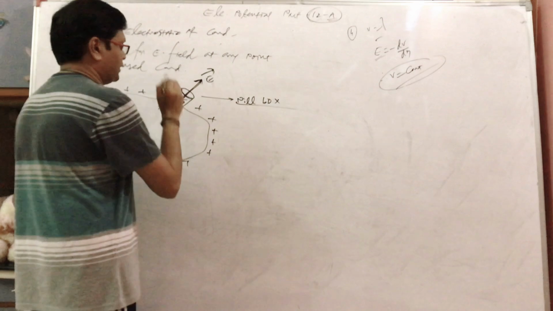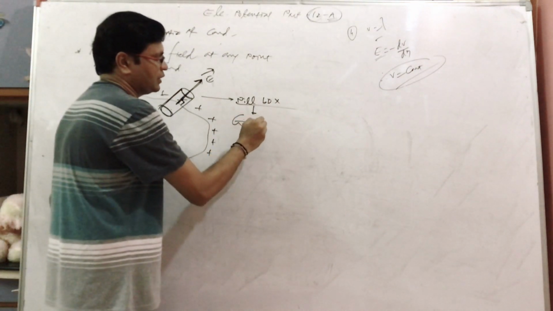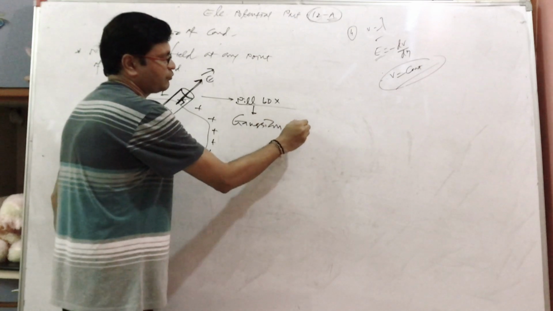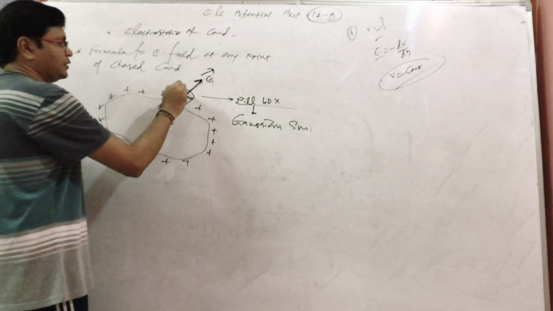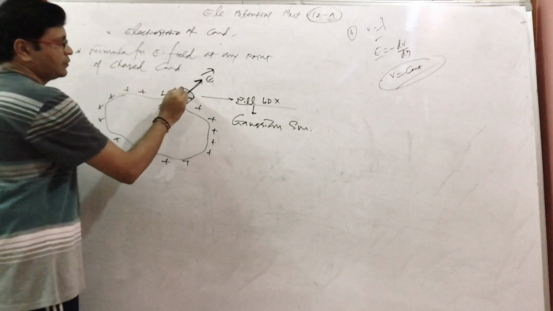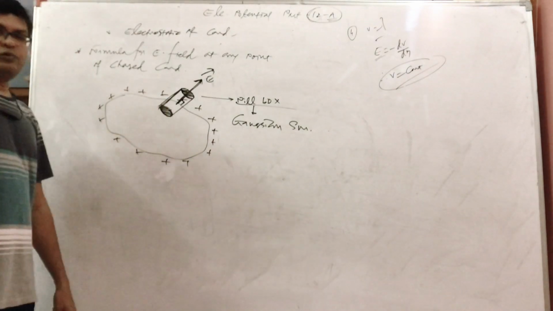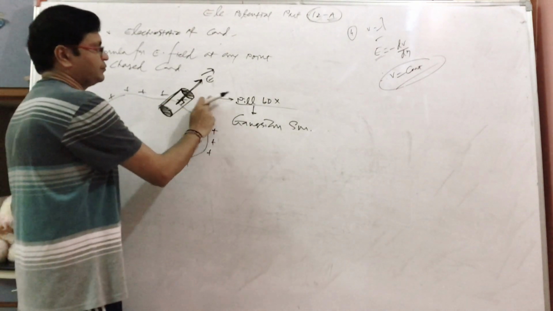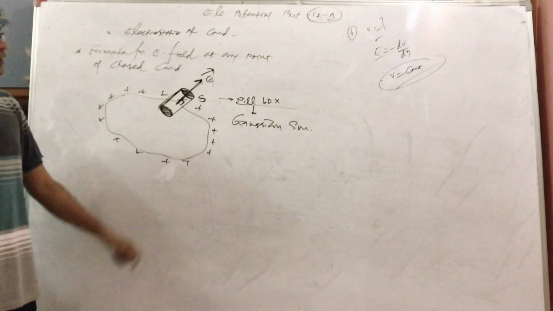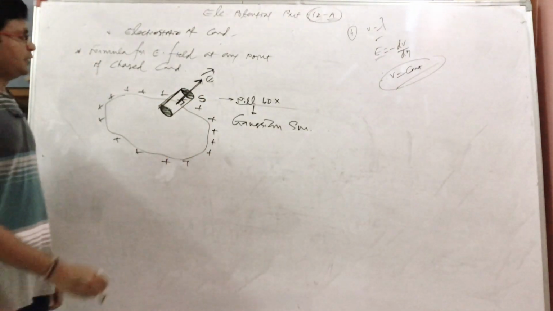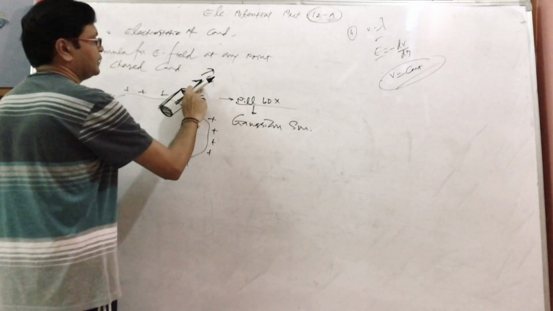At present I have considered a pillbox as a Gaussian surface. Ready? So this is your Gaussian surface, and let the area of cross section be S. Whatever the pillbox we have considered, the area of cross section is S, and this is the direction of electric field, you know that very well.